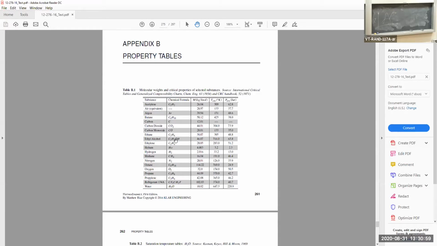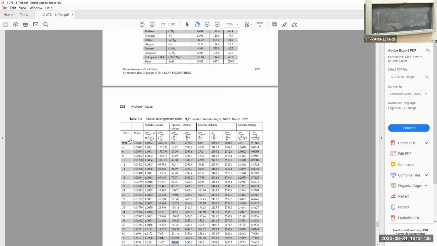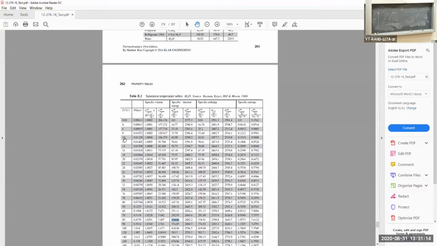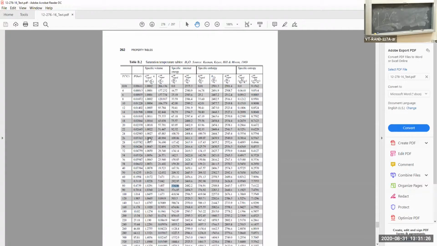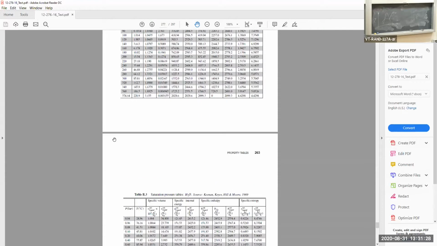It basically gives chemical formulas, molecular weights, and critical temperatures and pressures for various substances. What we are interested in are these saturation tables. As a function of temperature, we get boiling pressure, specific volume for the saturated liquid, specific volume for the saturated vapor, and some other stuff. So these are saturation tables.